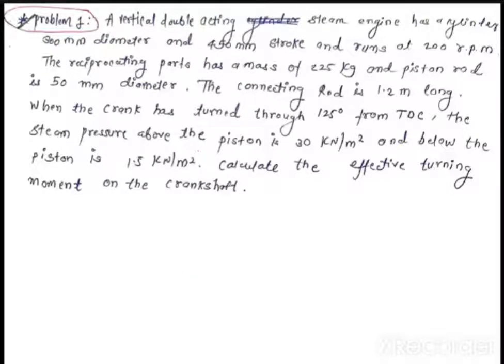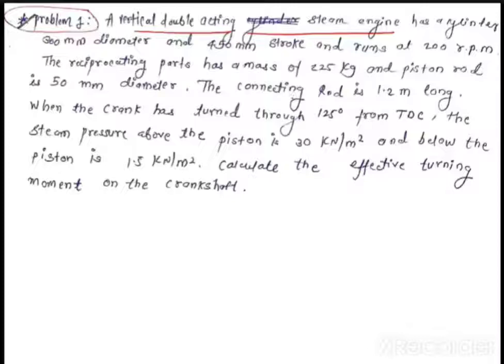Okay, so let's start with problem number one. The vertical double acting steam engine has a cylinder of 300 mm diameter and 400 mm stroke and runs at 200 rpm. The reciprocating parts have a mass of 225 kg and the piston rod is 50 mm in diameter.